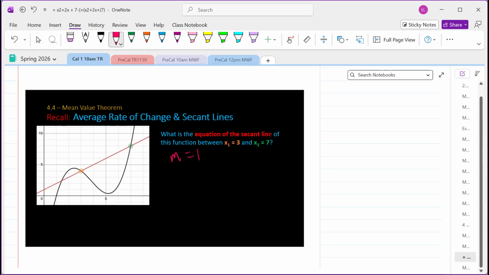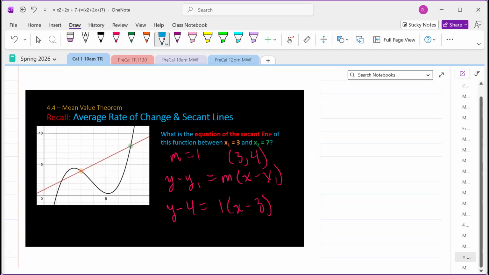And now they want the equation of the line. So we had the point 3 comma 4. So y minus y1 equals m times x minus x1. So we get x minus 3 plus 4, so y equals x plus 1.